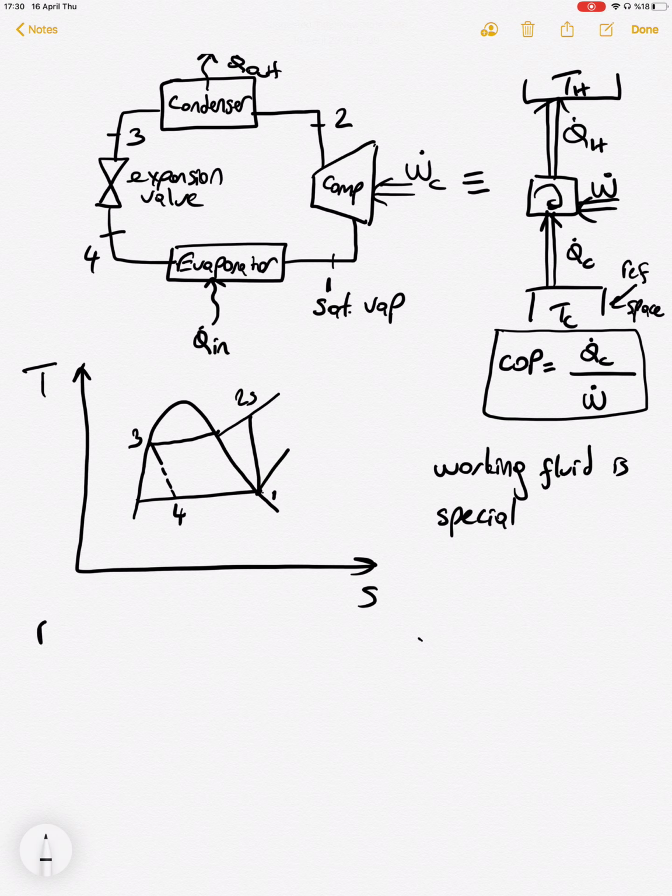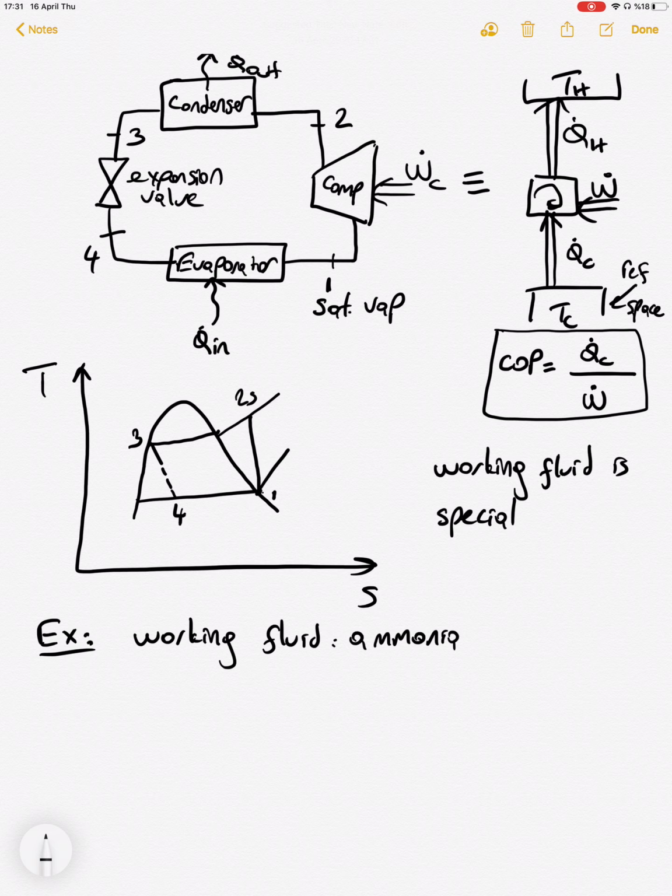So in the example here, the working fluid is ammonia, and we know the data at various points.